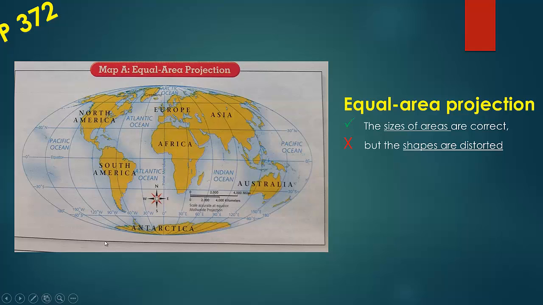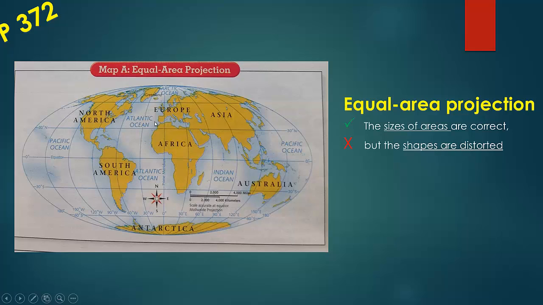Now, the first type of projection I want you to know about is called an equal area projection. You don't need to study the names. You just need to know what they mean. So if I ask you what is an equal area projection, you will be able to tell me. It is a map where the sizes of the areas are correct, but the shapes are distorted. The shapes aren't accurate.